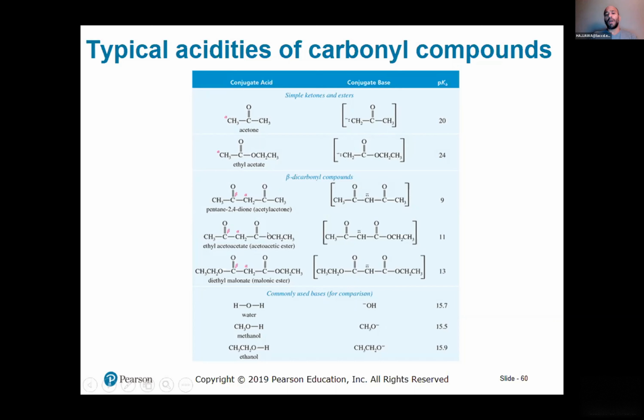If I have a ketoester, the alpha carbon still is acidic, but it's not as acidic as a diketone alpha carbon. You can see it is about 11. If you have a diester, the alpha carbon right there is going to be much more acidic than the other carbon hydrogens in the structure, of course, because of the stabilization of the conjugate base.